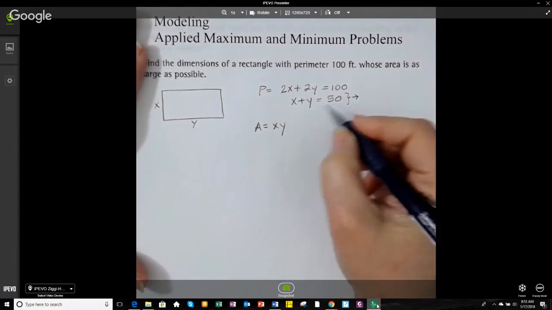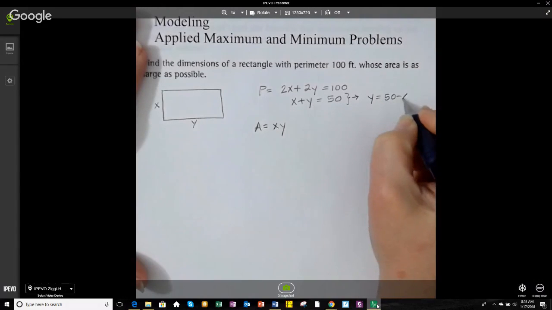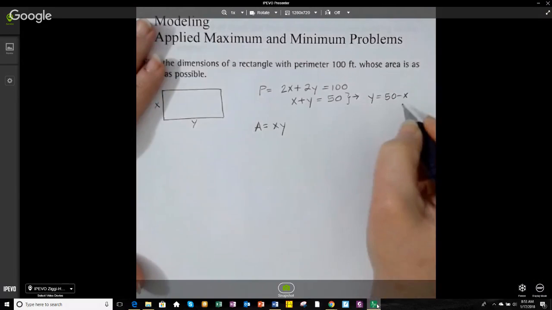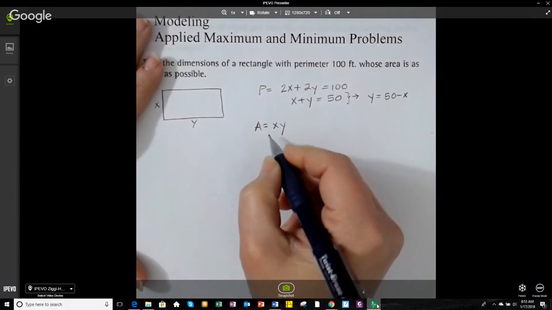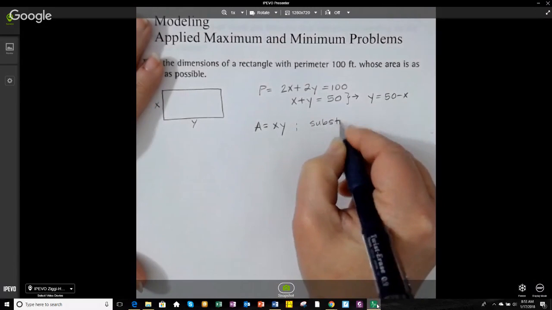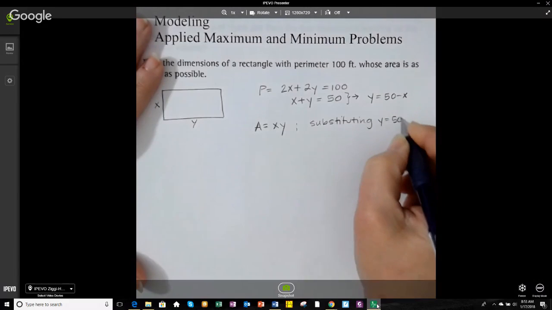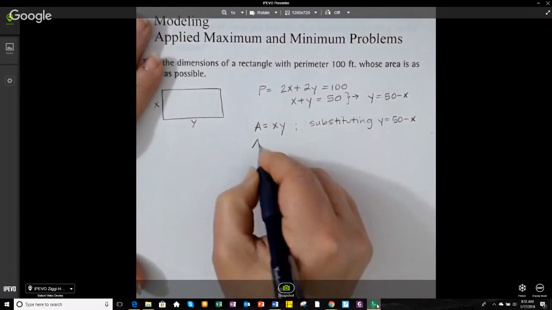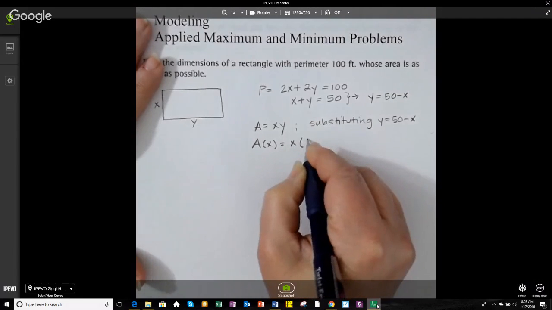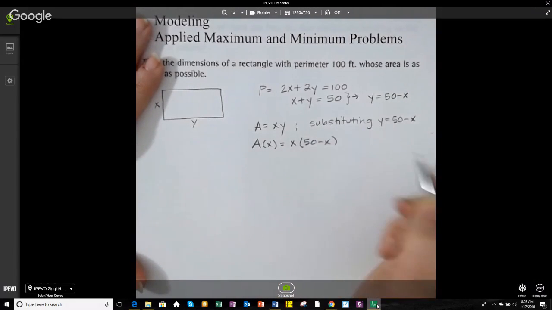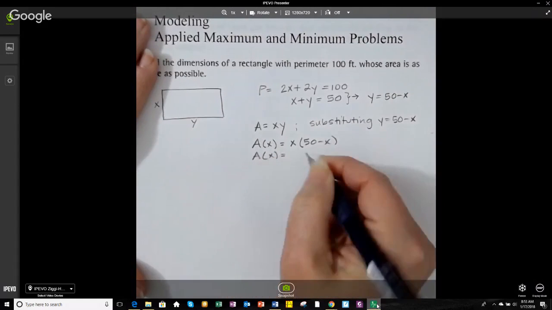So we're going to solve this equation for Y. And when we do that, we get Y equals 50 minus X. I can plug that in here. I can substitute into this equation and say, all right, well, the area as a function of X is equal to X times 50 minus X. Let's simplify that a little bit by multiplying it out.